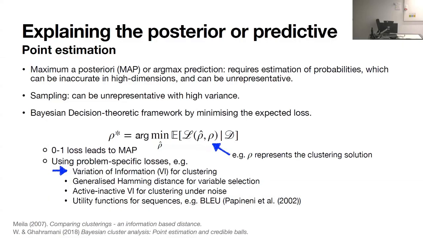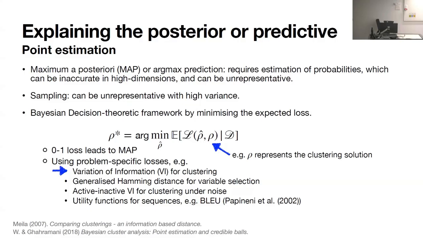So now this raises the interesting question of what kind of loss should we pick here? So we could just pick the 0-1 loss. That will take us back up to the MAP again. But we could use some more problem-specific losses, and just comparing and understanding different losses is a very interesting problem, but I don't have time to talk about that much here.